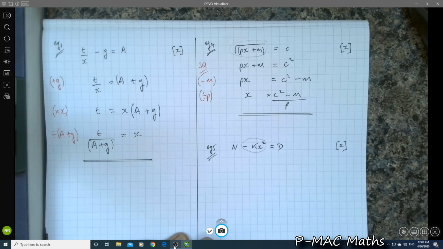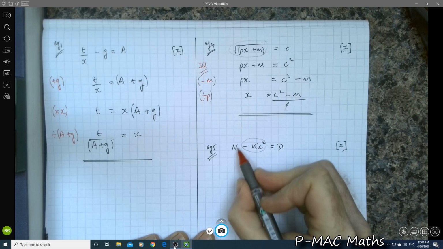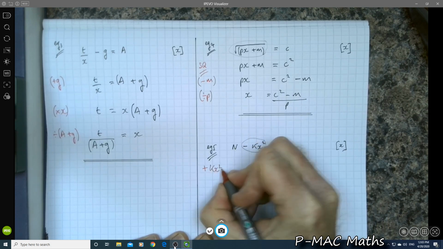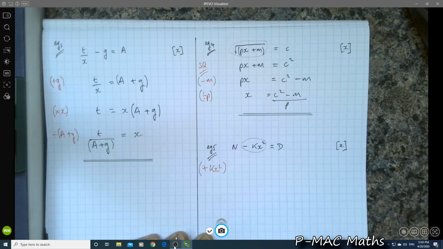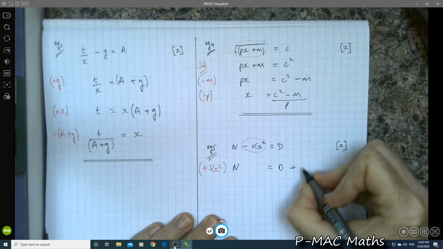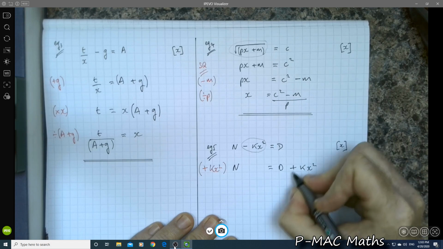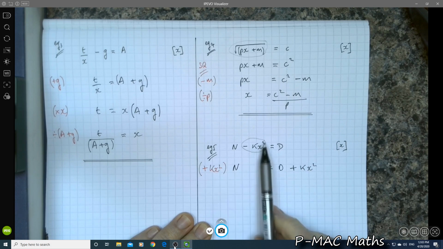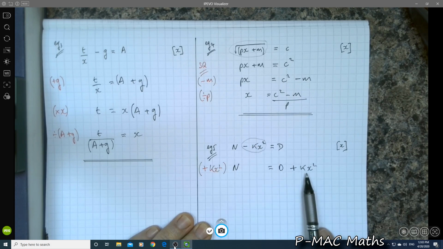So my first job here is I'm going to undo the fact that this is a negative term by adding that term to both sides. Net result, n equals d plus kx squared. So by adding kx squared to both sides, it's filled it in on this side, that's why it's gone, but I've also had to add it to this side to keep the balance of the equation.